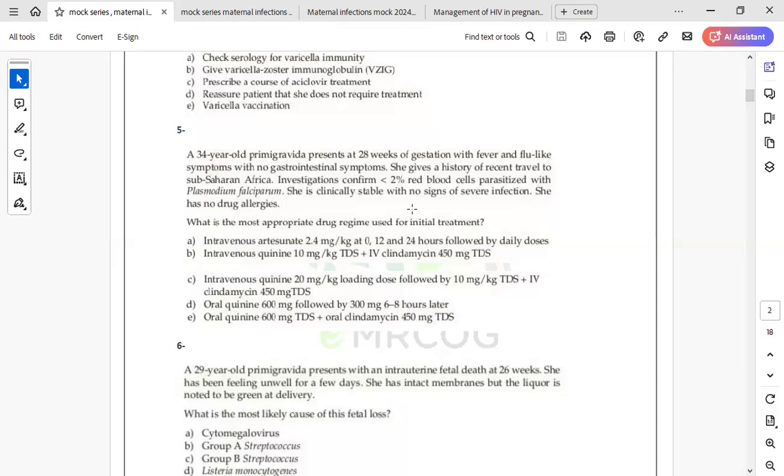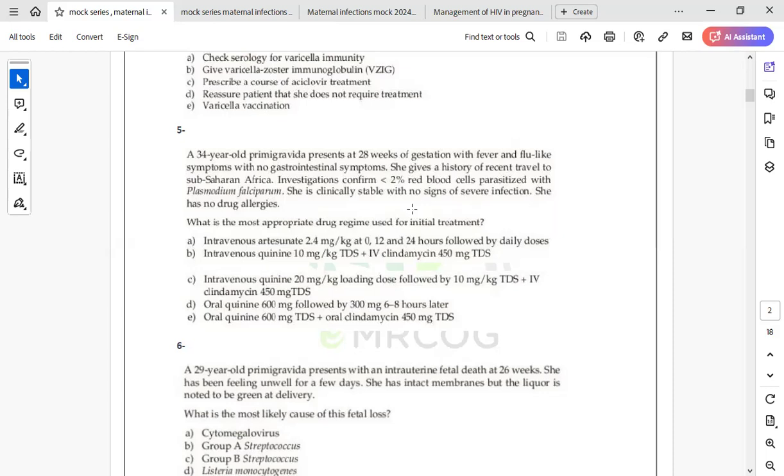Severe malaria means she's having neurological symptoms, convulsions, loss of consciousness, coma, liver involvement, renal involvement. Yes, hypoglycemia, excellent. Okay, this is severe malaria. Plus, we are going to find in the investigation that the colonization of the RBCs is more than 2%.